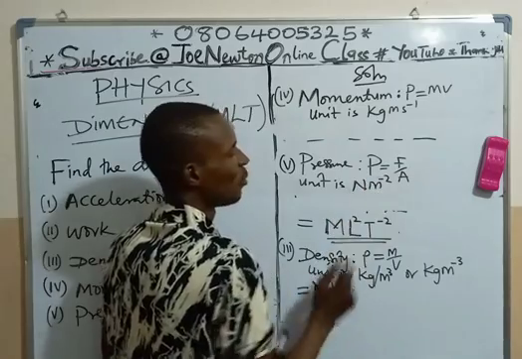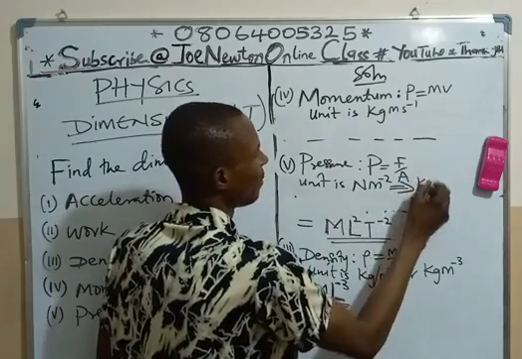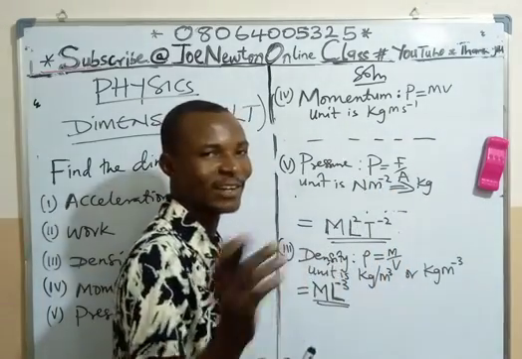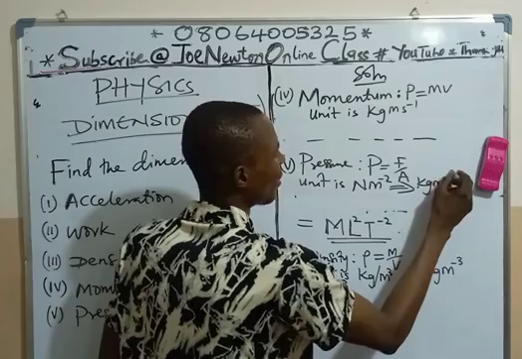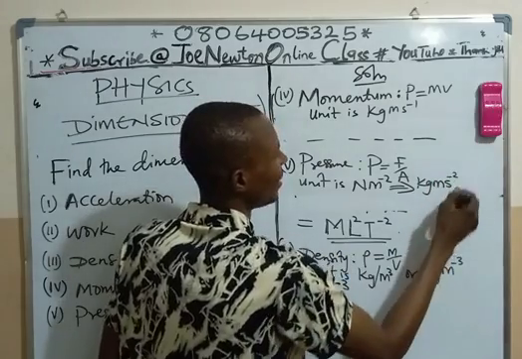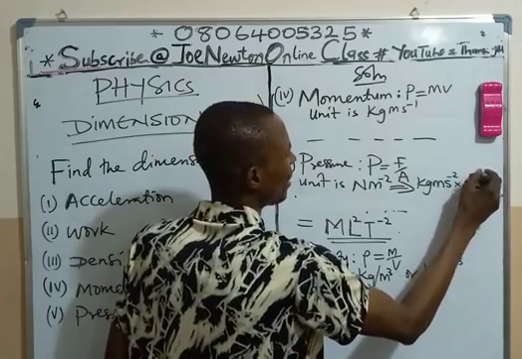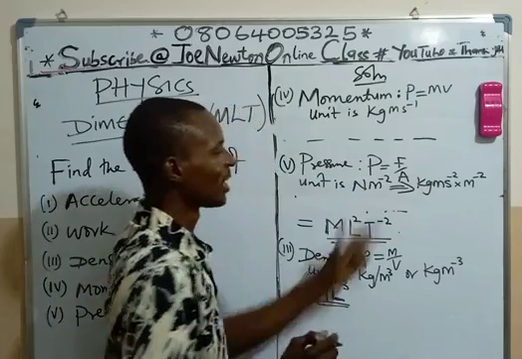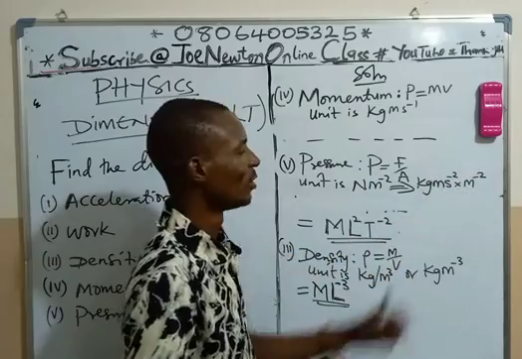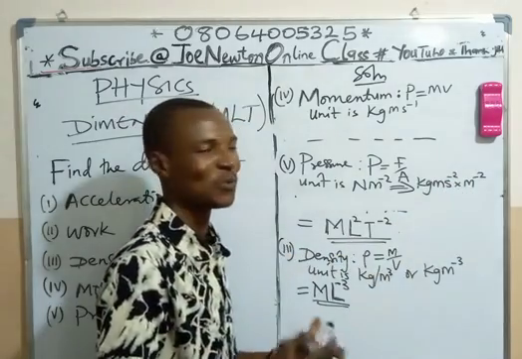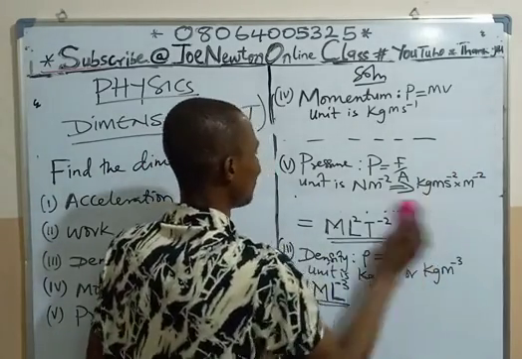So Newton per meter square. And this will be equivalent to, because force is mass times acceleration, Newton is kilogram meter per second square, then times per meter square. That's kilogram meter per second square for force, then over meter square. You see what it means? So this is simple.